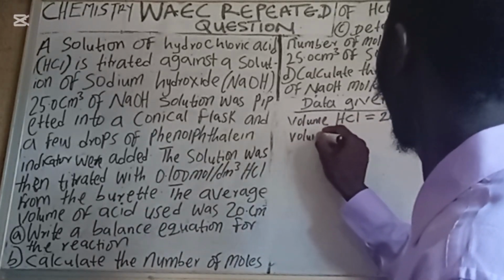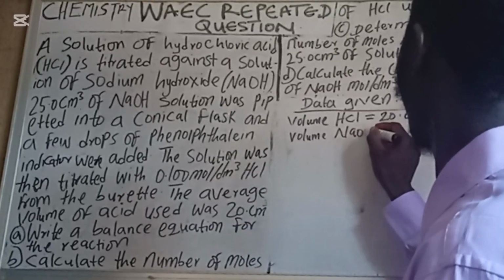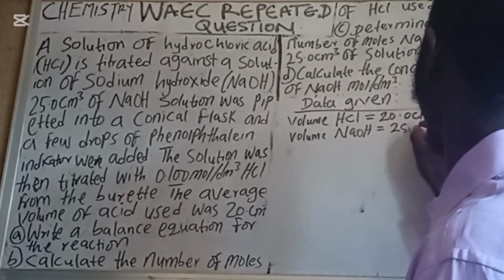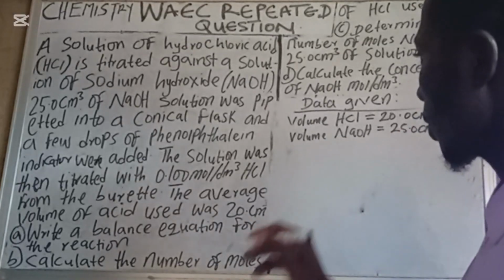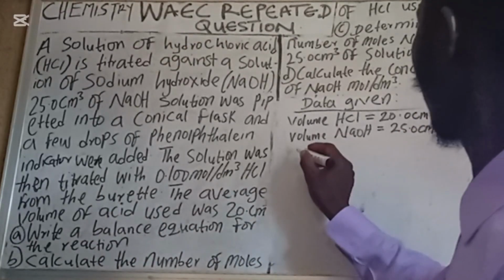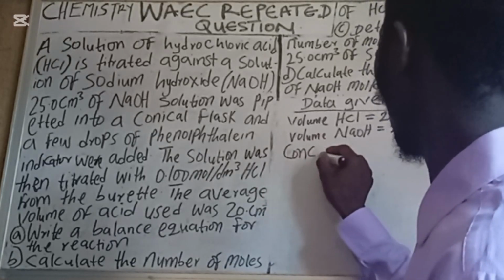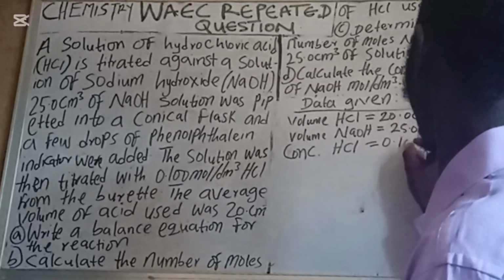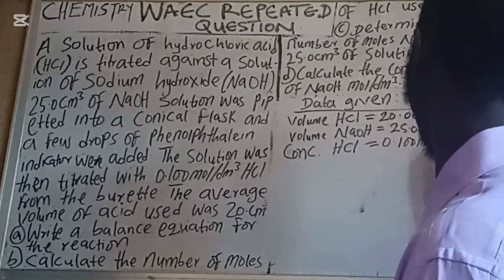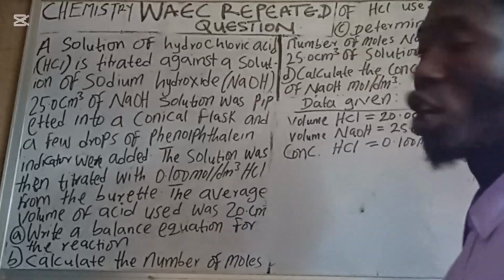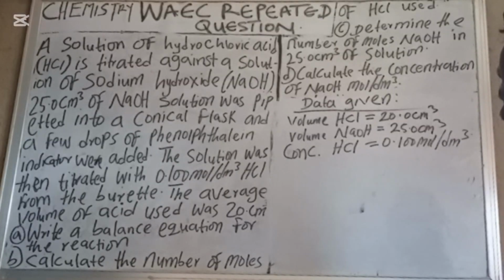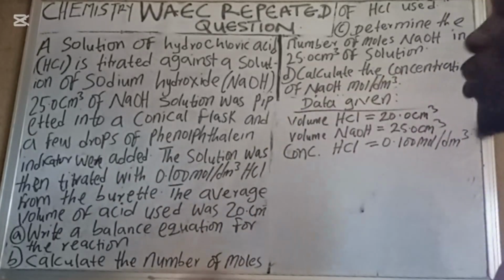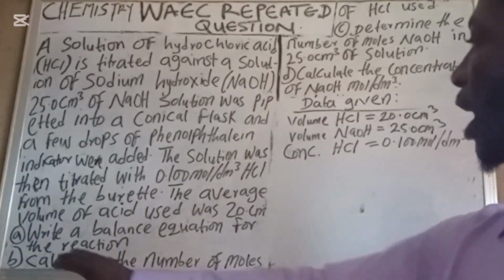Volume of sodium hydroxide is 25.0 cm³. And the concentration of HCl is equal to 0.100 mol/dm³. After bringing out our data, we now go ahead to solve our questions.